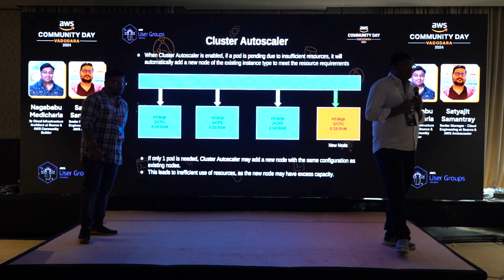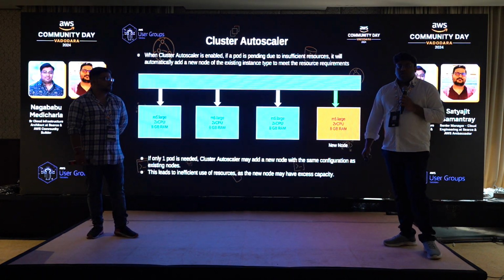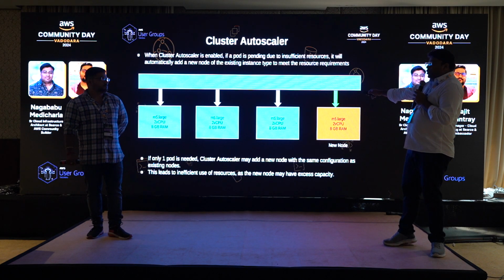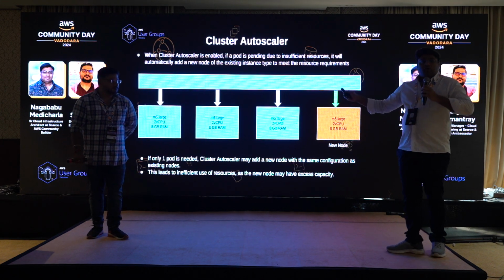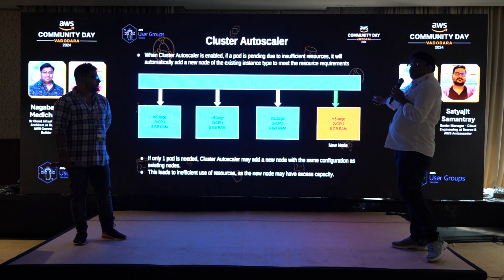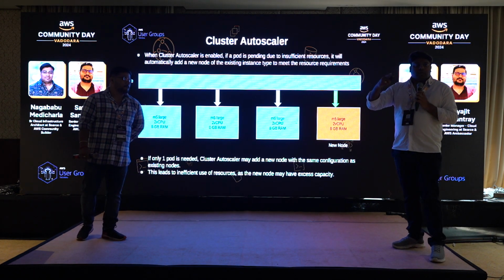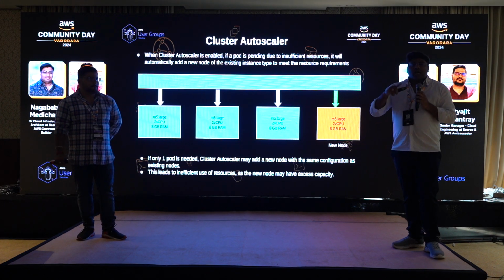In order to solve these problems, like whatever Satyajit has talked about just now, even though you are going to get only 1 pod with a small number of resources, you are adding almost a 2 vCPU and 8 GB instance, which means we are allocating more resources.